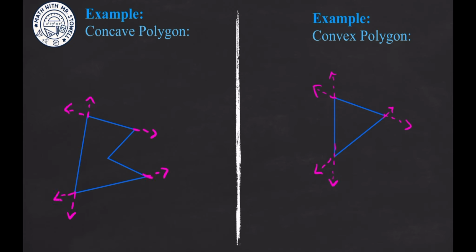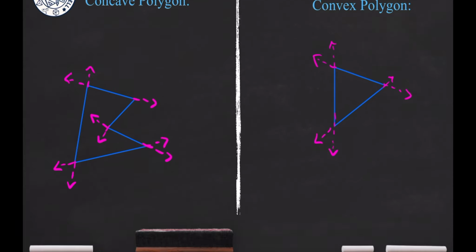But wait, with this line segment here, notice it goes through this shape, also with this line segment. So concave, if we extend the line segments, it's going to send a line through our figure. Convex means that if we extend the line segments, it will not go through our figure. So that's the difference between concave and convex.